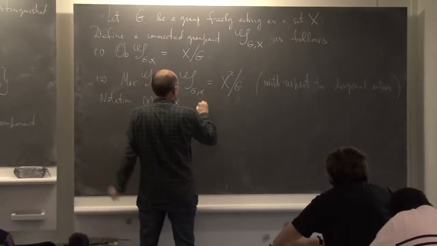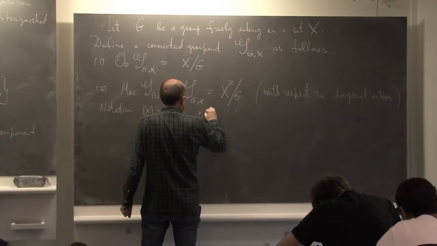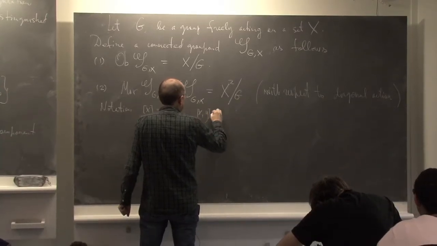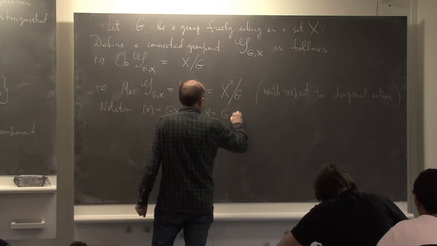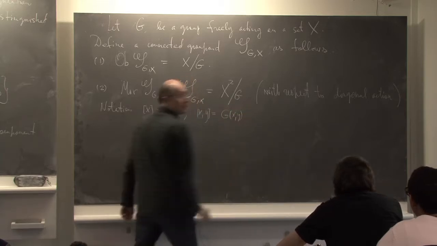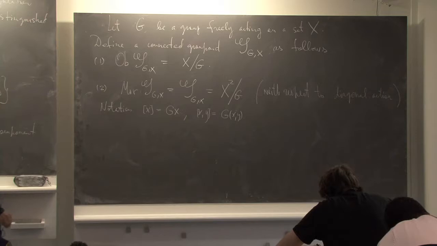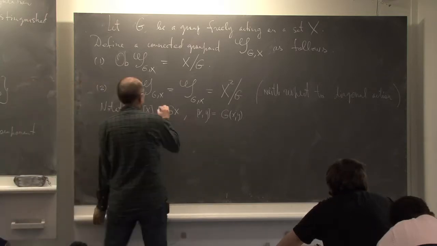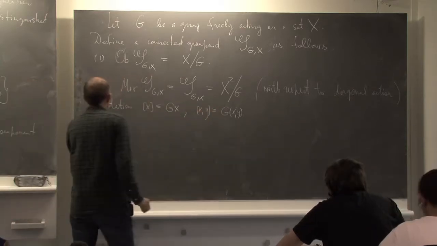And [x, y] will be the G orbit of the pair (x, y). Okay, so this is a notation.